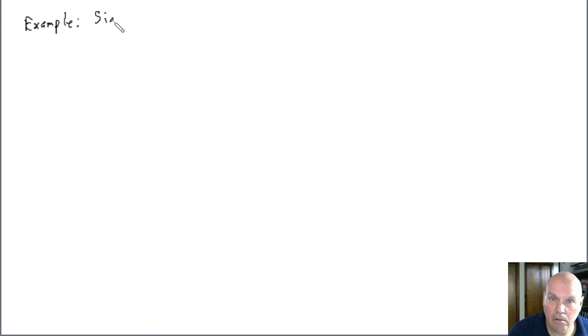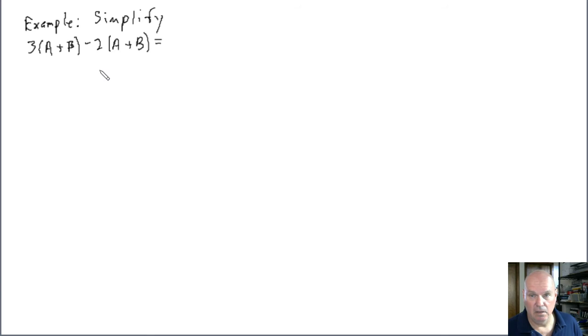So we're asked to simplify, say, 3(a + b) minus (2a + b). Again, most of the addition and scalar multiplication properties of matrices are the same as for real numbers.